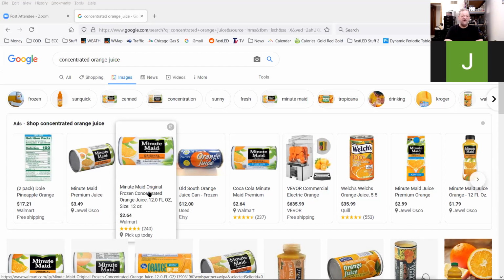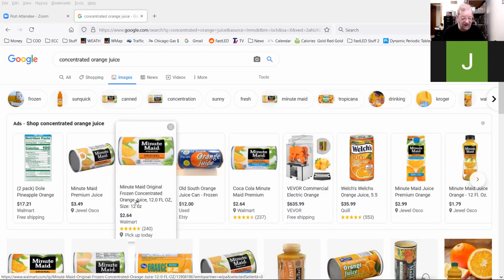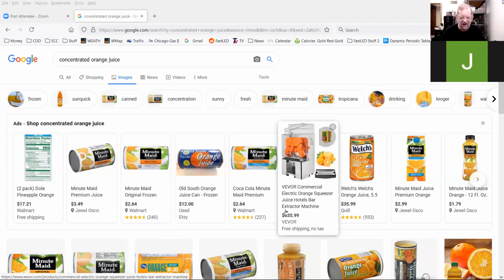They concentrated, took out the water, so the pulp and other things that made it taste like orange juice were much higher than if you squeezed it from an orange. And that's why it's called concentrated, because it's a concentrate. It's concentrated orange juice components minus a lot of the water. Do I have time? Oh, yes, I do.